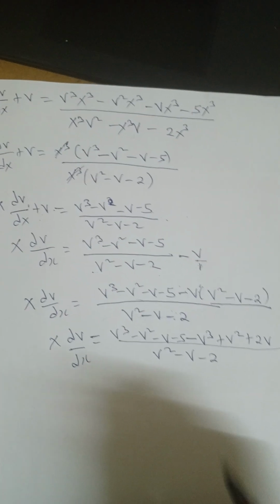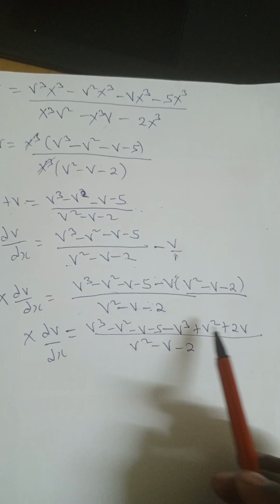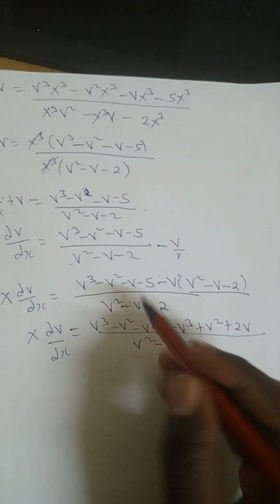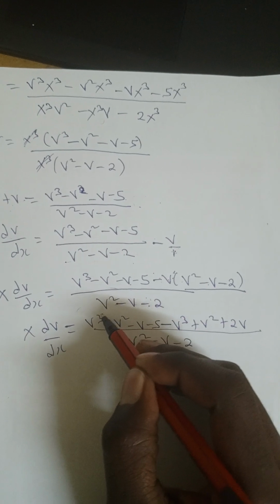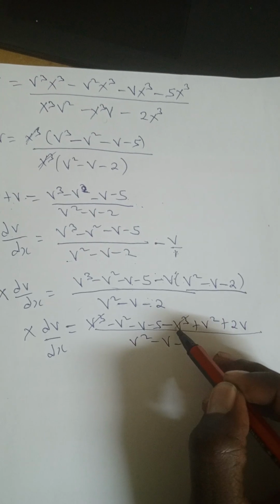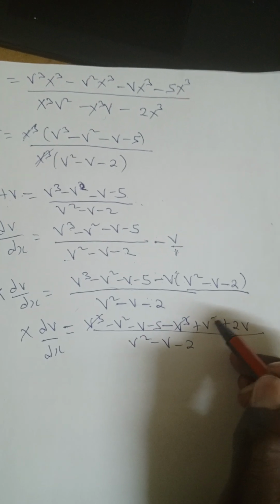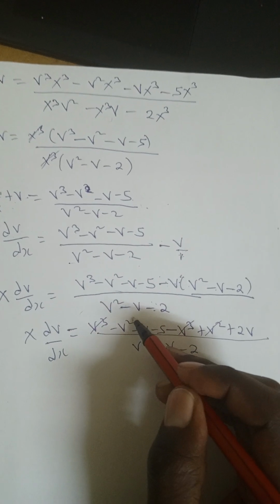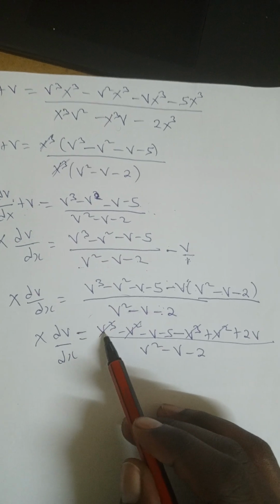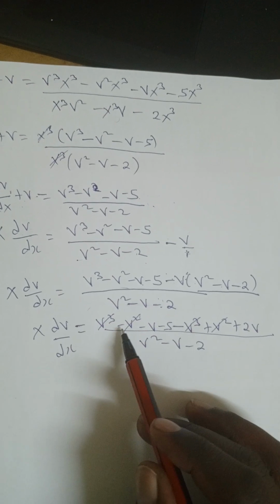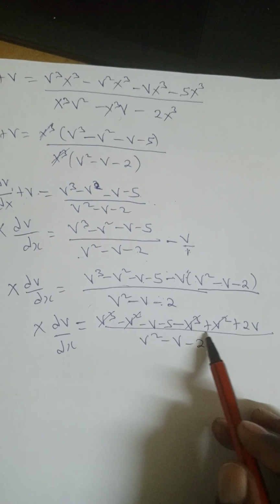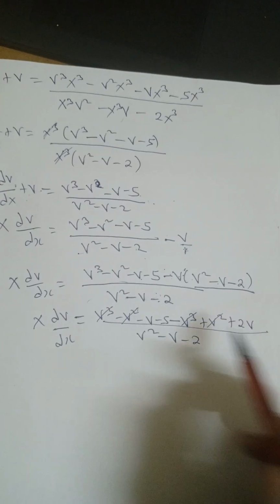Then from here, we can try to find those terms which are cancelling out. This one and this one are going out. V squared, also v squared, it's going out because it's v cubed minus v cubed. Negative v squared plus v squared is cancelling.